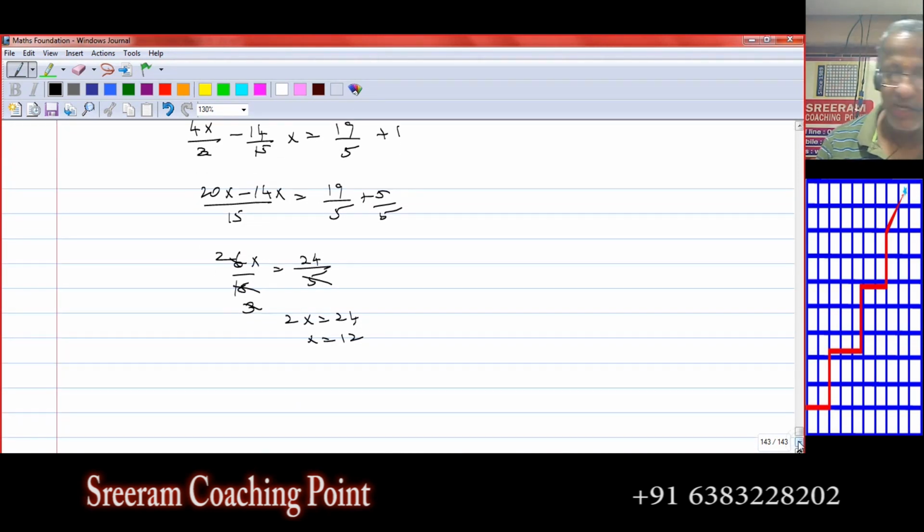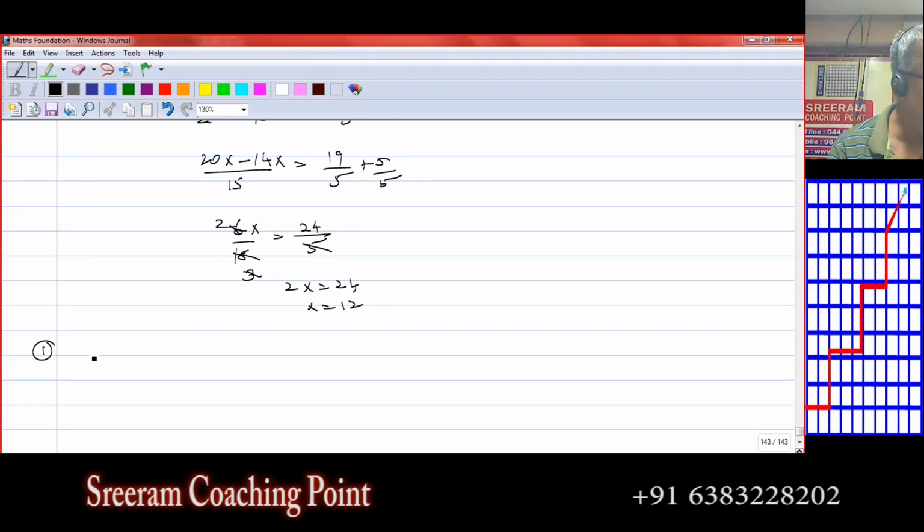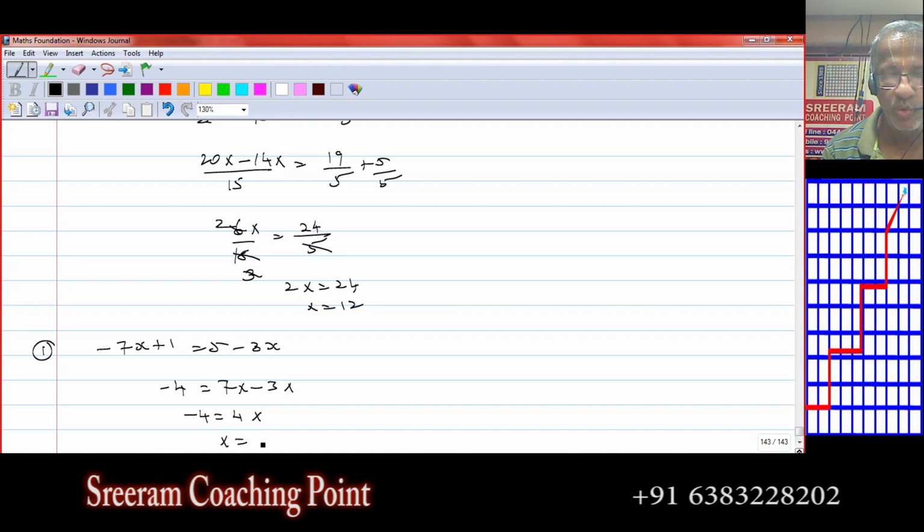Now let us take up question number 1. Minus 7x plus 1 equal to 5 minus 3x. So what you can do is take all these to one side. 7x minus 3x. So minus 4 equal to 4x. x equal to minus 1.